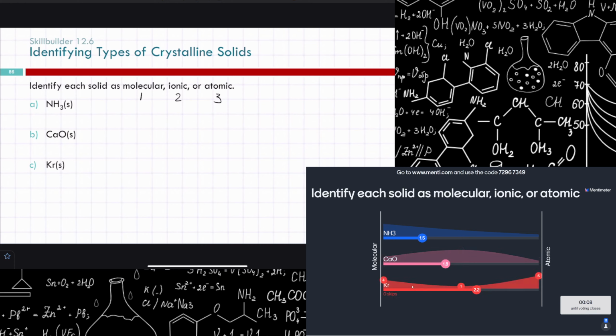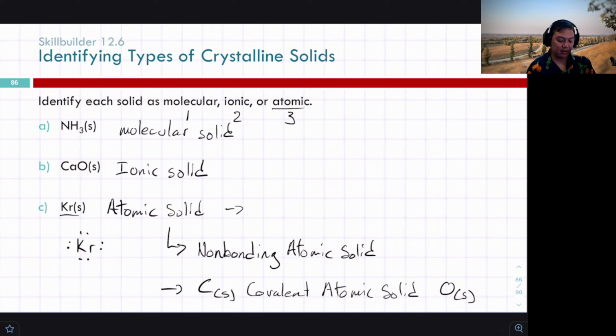But also something like oxygen solid would be another covalent atomic solid. And then the way you would identify a metallic atomic solid is if you got iron solid. That would be a metallic atomic solid.